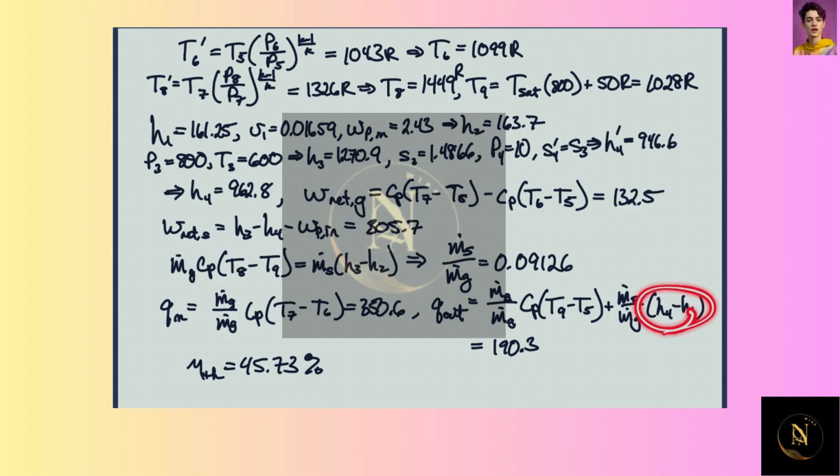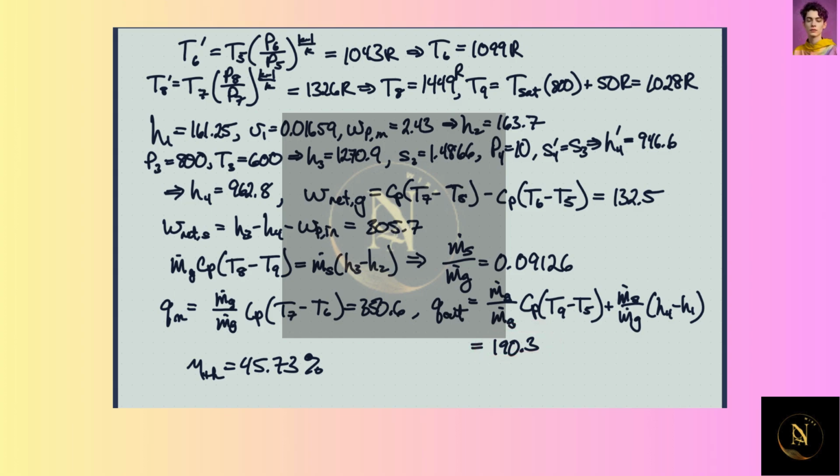This is the specific work per mass of air, or per mass of steam, so we need to do this conversion factor to get it per mass of air. And then this is the specific heat out per mass of air or gas, so BTU per pound mass of gas.